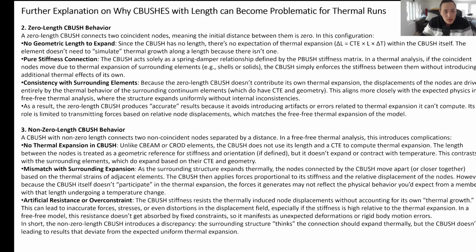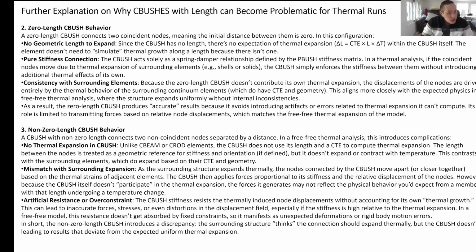Because the zero length CBUSH doesn't contribute its own thermal expansion, the displacements of the nodes are driven entirely by the thermal behavior of the surrounding continuum elements, which do have CTE and geometry. This aligns more closely with the expected physics in a free thermal analysis where the structure expands uniformly without internal inconsistencies.